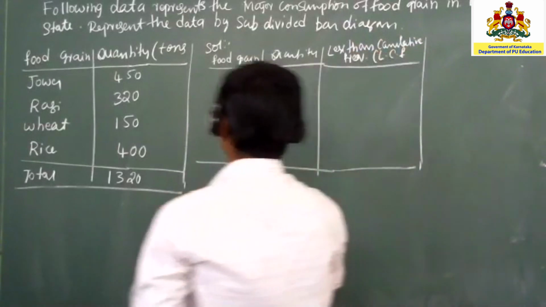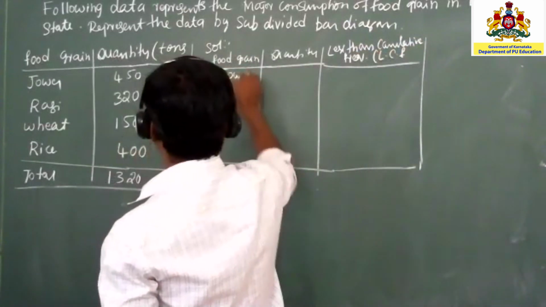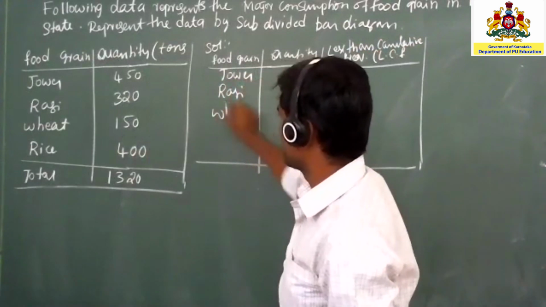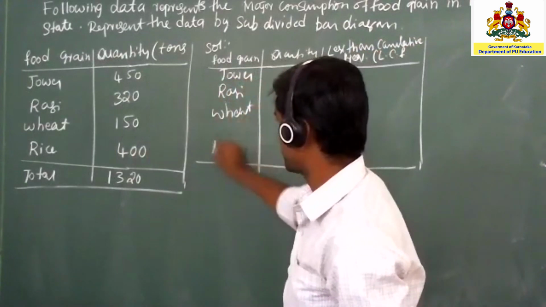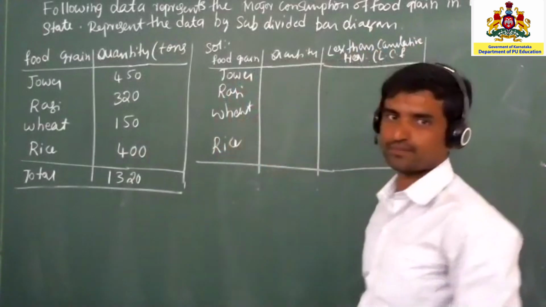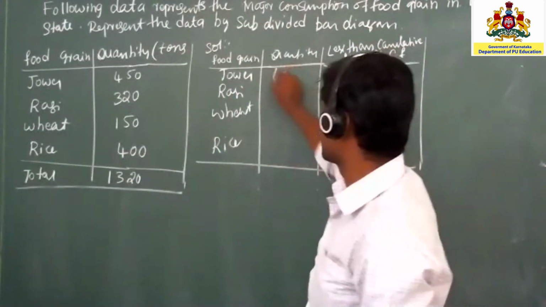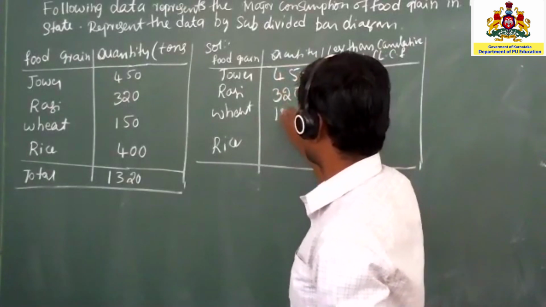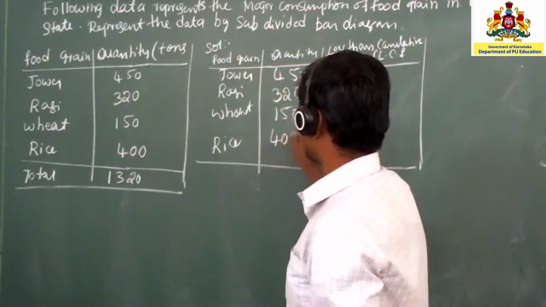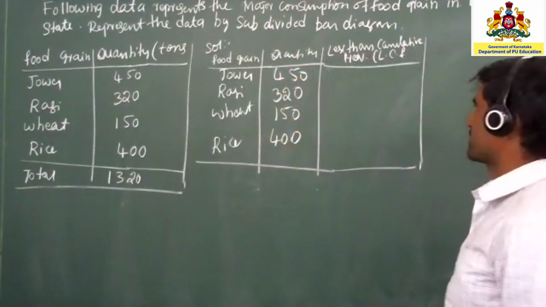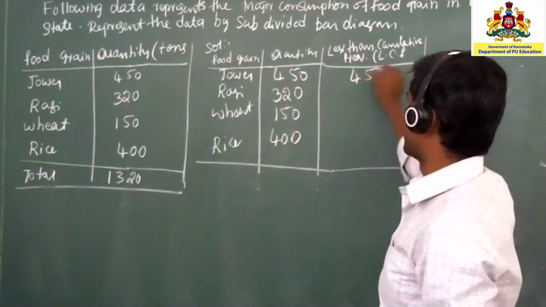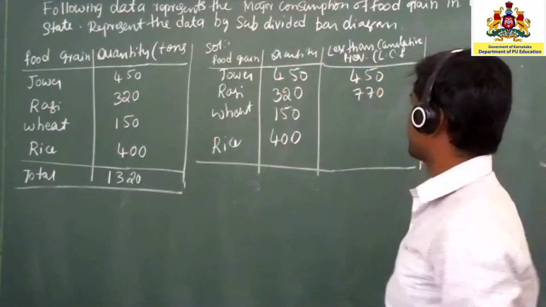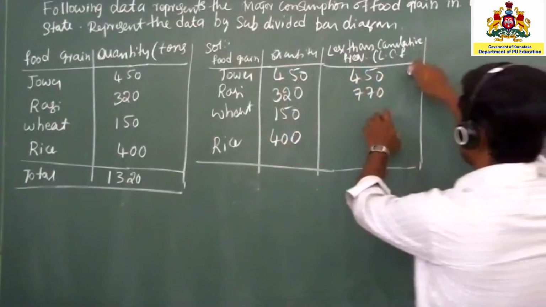Right. Now here Jowar, the second one is Ragi, the next one is wheat and the last one is rice. The values are 450, 320, 150 and 400. So first complete the LCF values. See how to complete LCF values?